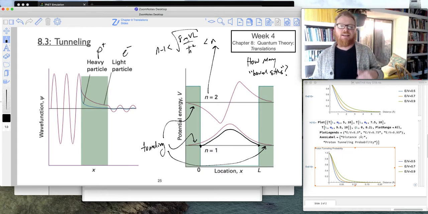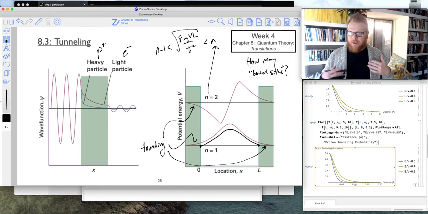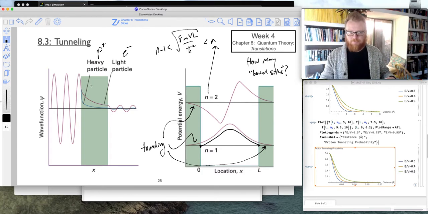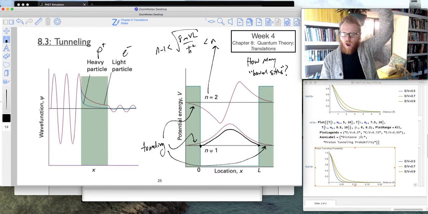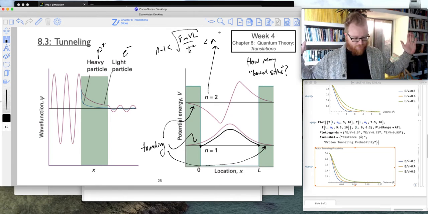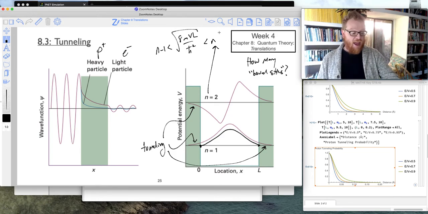So in other words, as the potential energy increases, and now we're kind of moving past this tunneling thing and combining this idea of tunneling and the particle in the box, okay? If the potential energy increases, which we can think of as the well is getting deeper, we get more states. If the length of the box gets wider, we also predict to get more states. And that's actually a direct result from statistical mechanics.